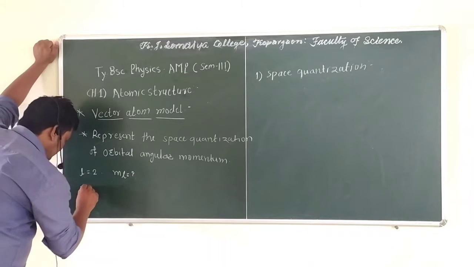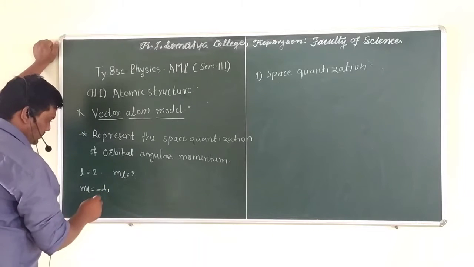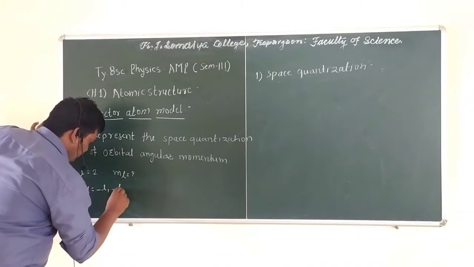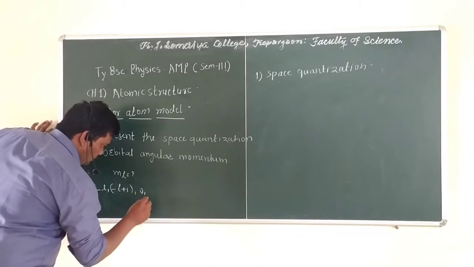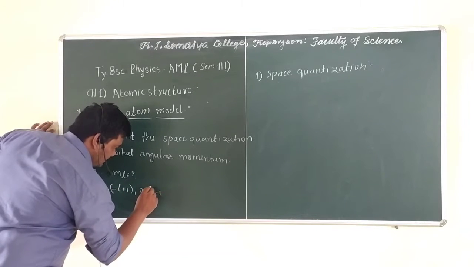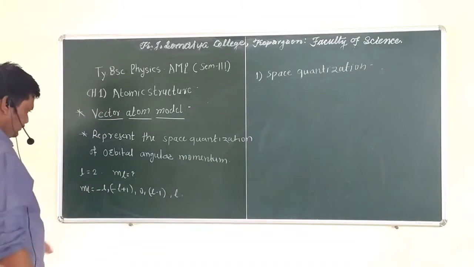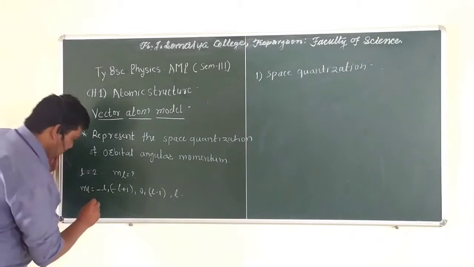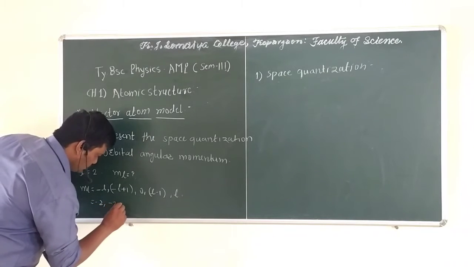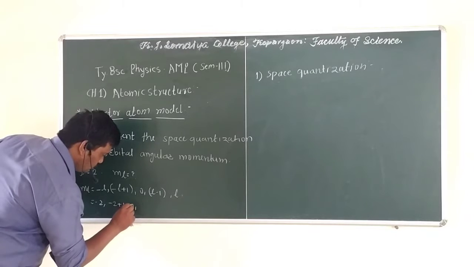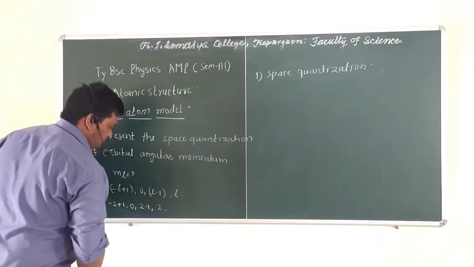The ml value is given by minus L, minus L plus 1, 0, L minus 1, and L. So for L equal to 2: minus 2, minus 2 plus 1, 0, 2 minus 1, and 2.